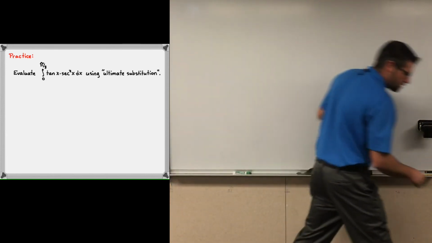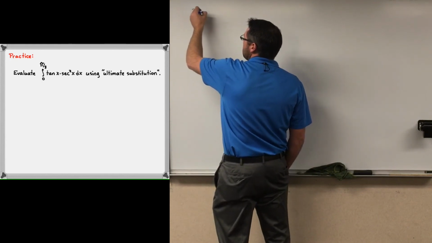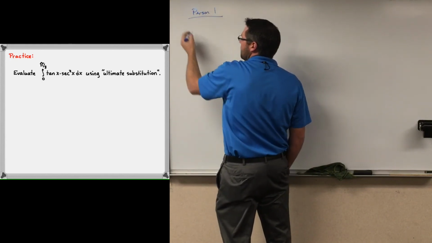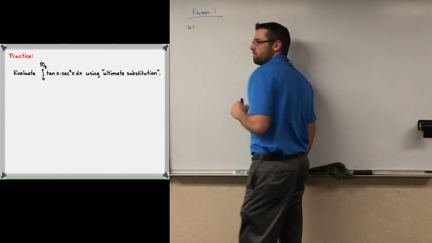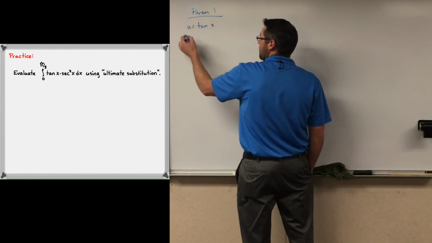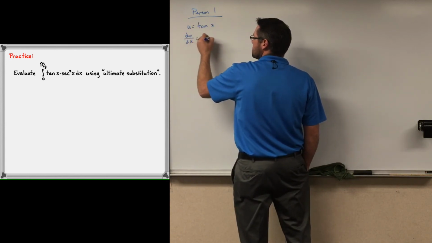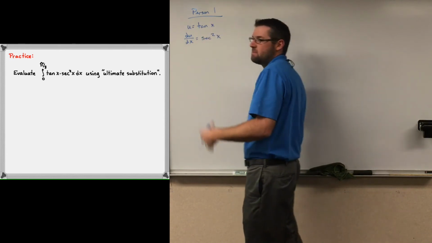math actually works. All right, person number one may have said that u equals tangent x? Okay. Then du dx equals secant squared x. How do you know that you might be on the right track?